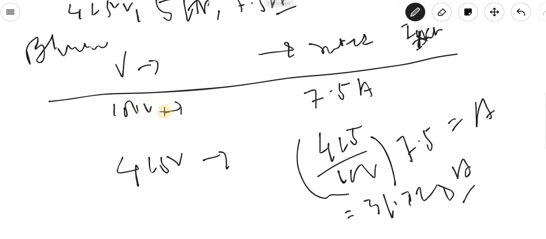It's just an example, and this will be the short circuit current, represented as ISC.